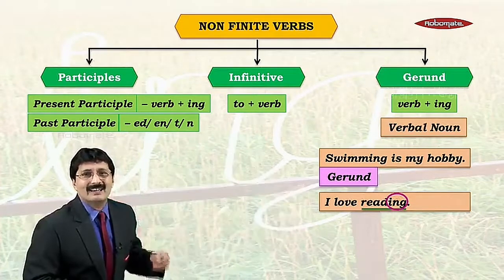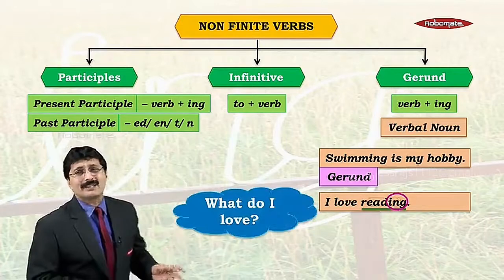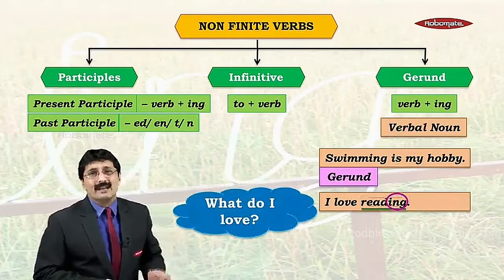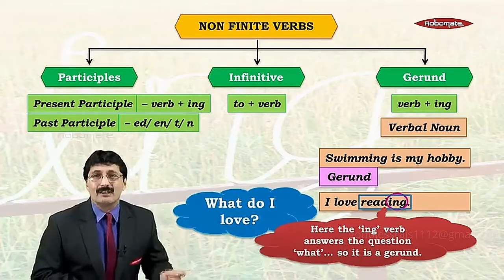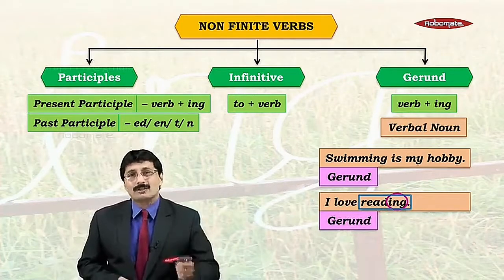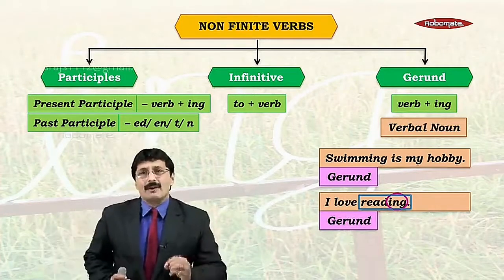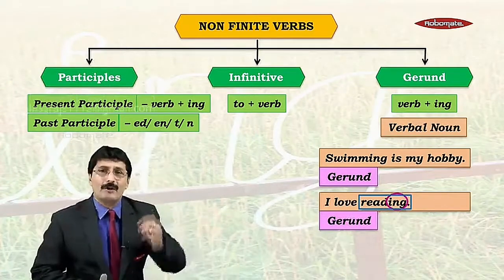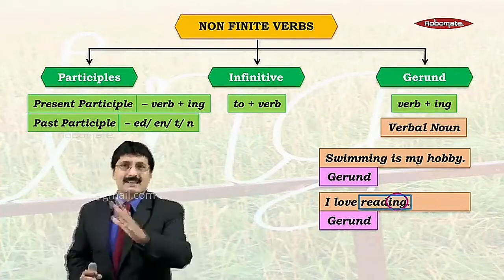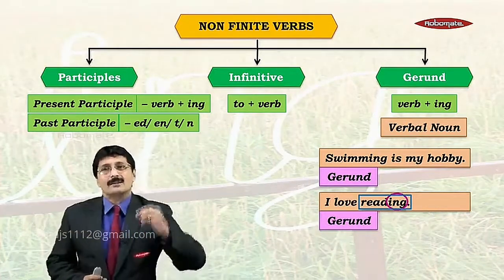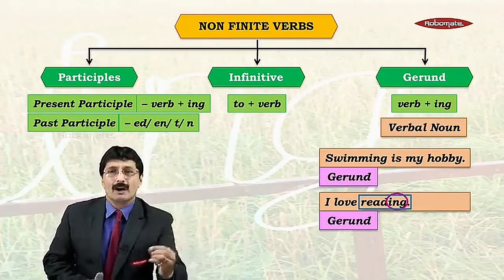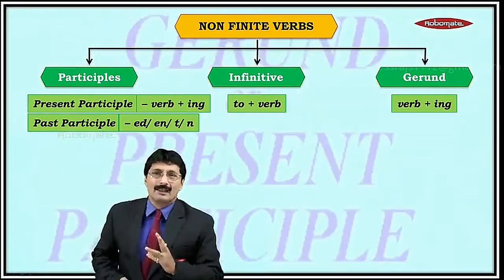And my answer is reading. Absolutely, reading is a gerund because it answers what to the verb. Simple. Whenever you are supposed to identify a non-finite verb, and if it is ending in ing, ask what to the verb. As simple as that.